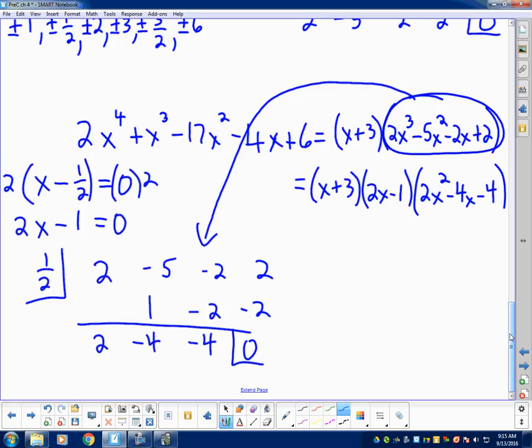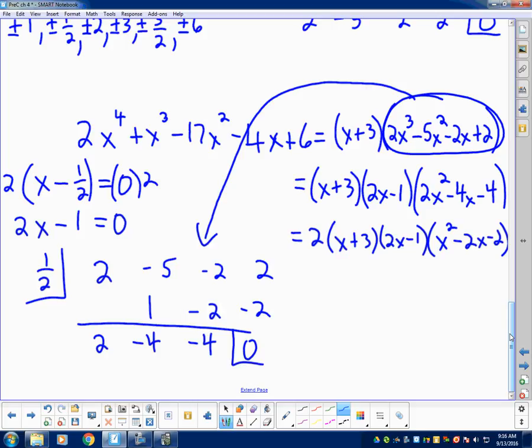So, let's bring the 2 out: x plus 3, 2x minus 1. And if I bring that 2 out of here, I have x squared minus 2x minus 2. You could use the quadratic formula to find the zeros. It might not be a bad idea, since we're going to leave it in factored form, to just do completing the square.